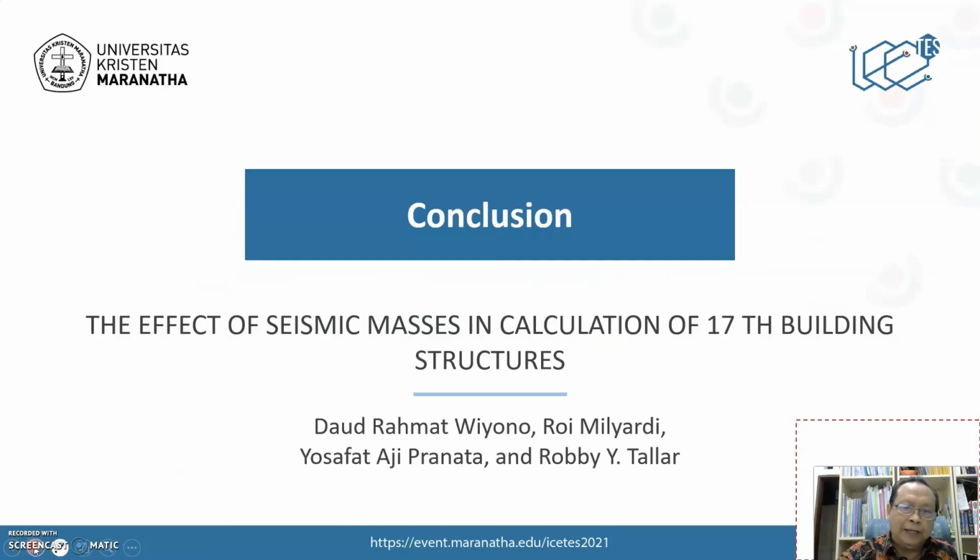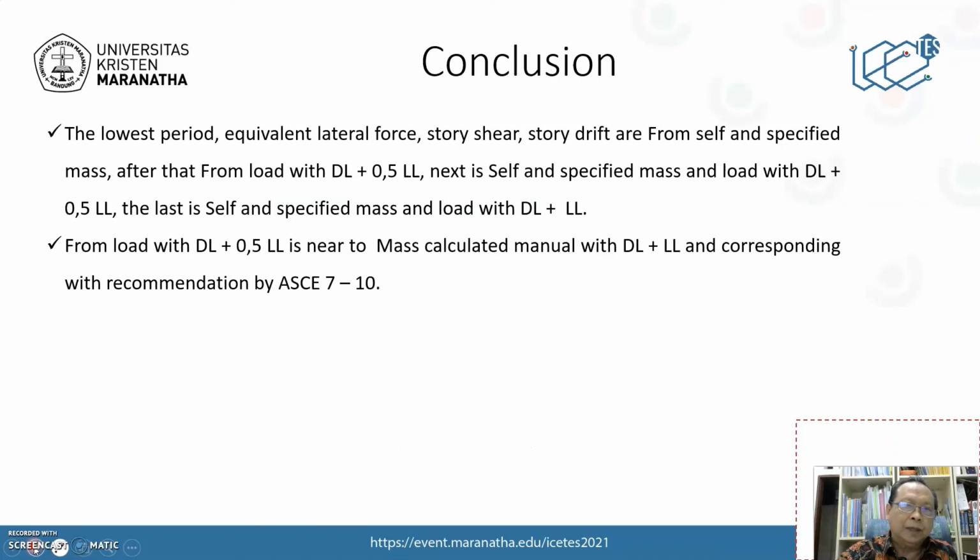The conclusion: the lowest period, equivalent lateral force, story shear, and story drift are from self and specified mass. After that, from loads with dead load plus 0.5 live load. Next is self and specified mass and load with dead load plus 0.5 live load.